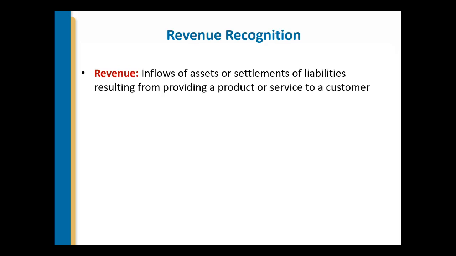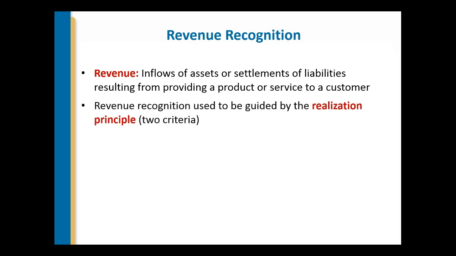Revenues are inflows of assets or settlements of liabilities resulting from providing a product or service to a customer. An income statement should report the results of these activities only for the time period specified in the financial statement. Therefore, the timing of revenue recognition is a key element of earnings measurement.